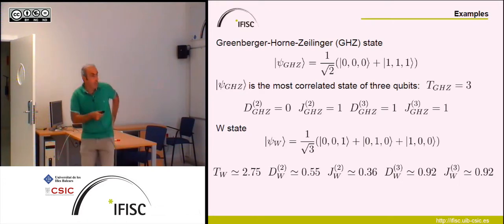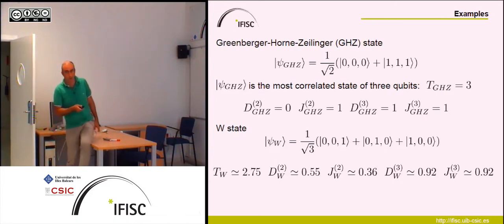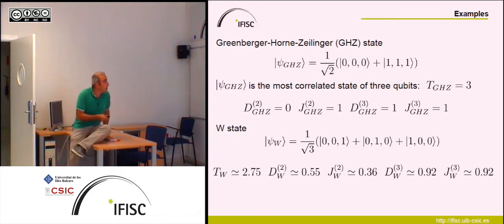We can play with this indicator to calculate these quantities for some special states. For instance, I wrote the two extremal states. This is the Greenberger-Horne-Zeilinger state, which is just the maximally entangled state. In the case of 3 qubits, it is the sum of 0,0,0 plus 1,1,1. And this is the most correlated state I can invent.